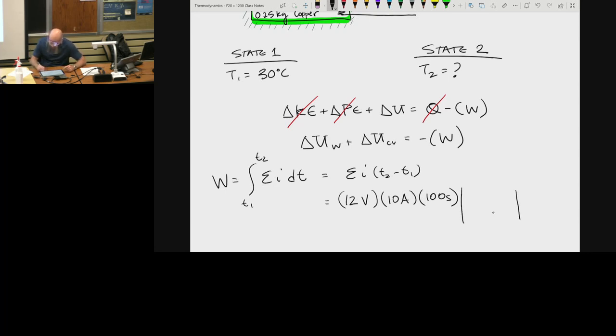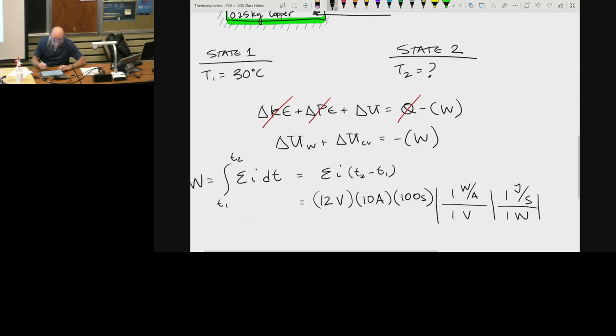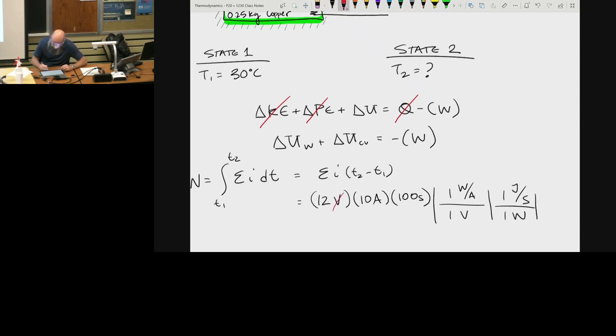The conversions that we have: 1 volt is equal to 1 watt per amp, and 1 watt is equal to 1 joule per second. Okay, so let's see what that gives me. Volts cancel, amps cancel, seconds cancel, watts cancel, and I'm going to get units of joules.